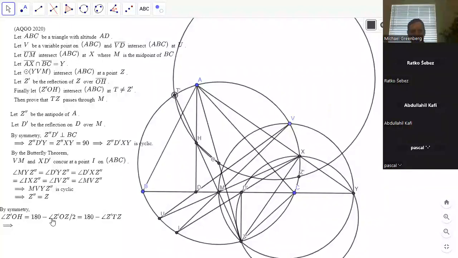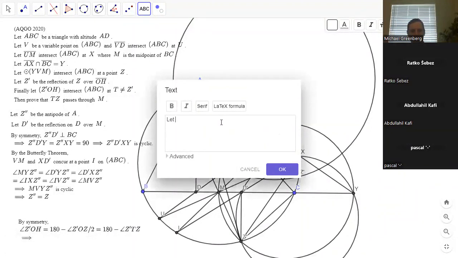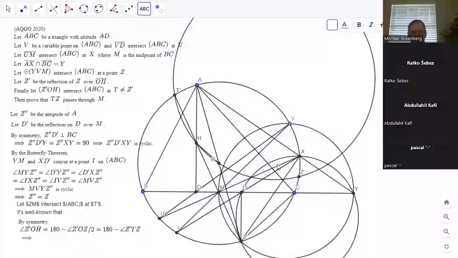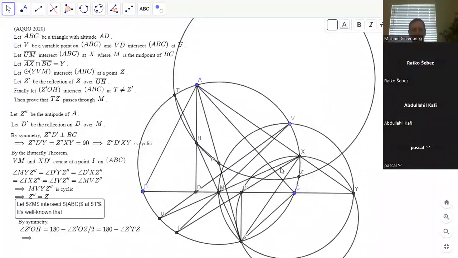Let ZM intersect the circle at T prime. Then it's well known that angle AT prime H equals 90. Let ZM intersect ABC at T prime. It's well known that angle AT prime H equals 90, and that it passes through... Do we even need the orthocenter?